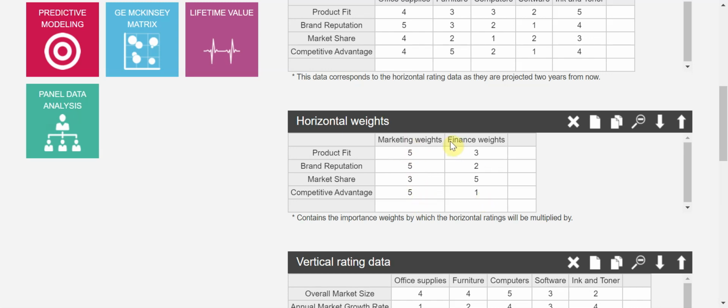But for finance people, market share is more important. It has 5. But for example, competitive advantage, not so critical, right? Only 1, right? So this table explains the different perspectives between the 2 different camps in the company, right? Marketers and finance people.